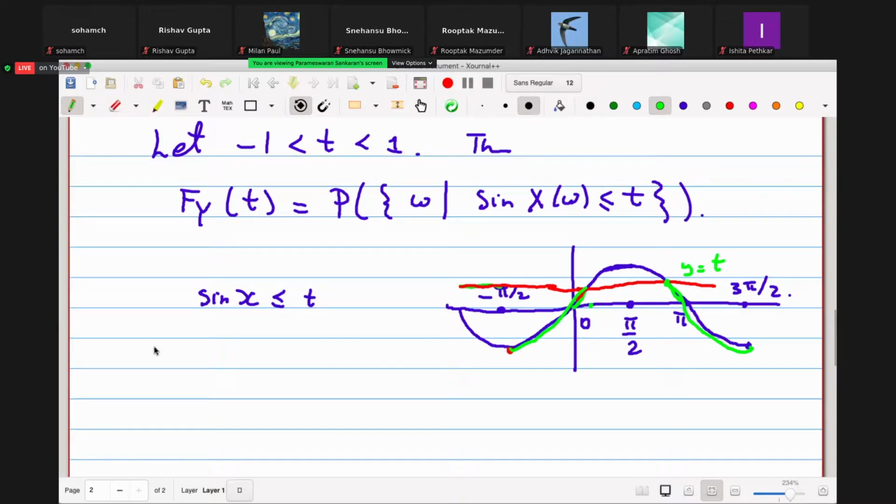I mean, usually you people know that you have to look at the principal value, do it for minus pi by 2 less than x less than or equal to pi by 2.